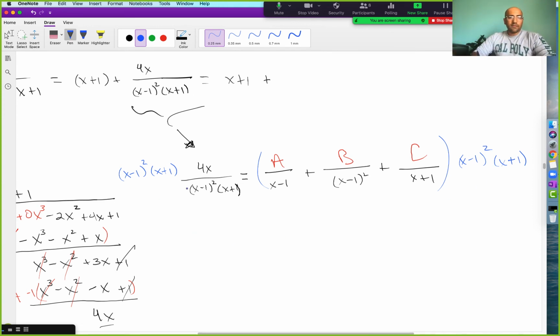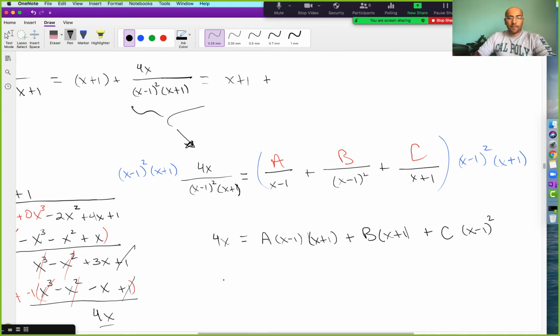So on the left-hand side, this is going to turn into just 4x equals, and then when I distribute, the x minus 1 is going to cancel with one of these x minus 1s, so I'll end up with a times (x minus 1)(x plus 1) plus b times (x plus 1) plus c, and that'll be times (x minus 1) squared.